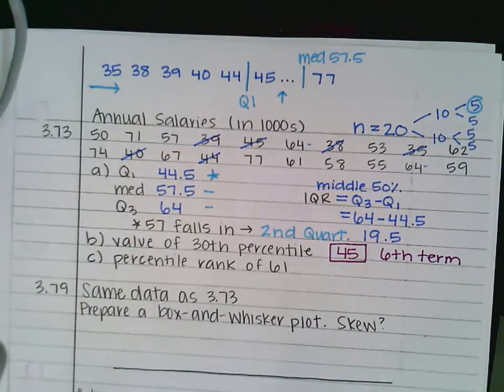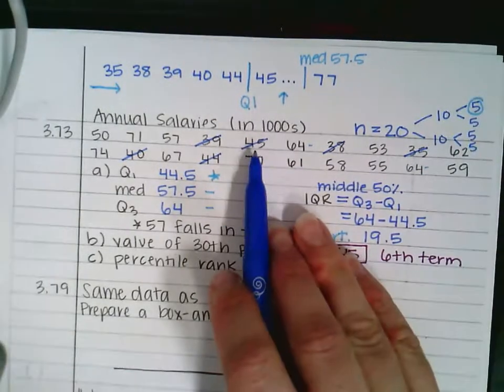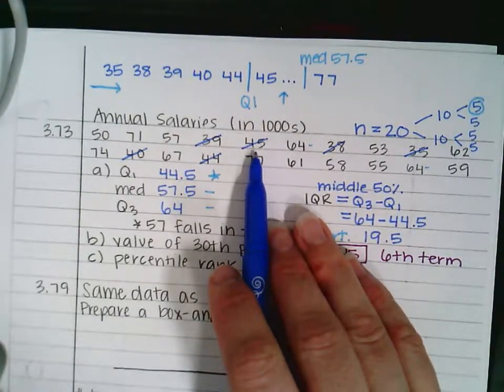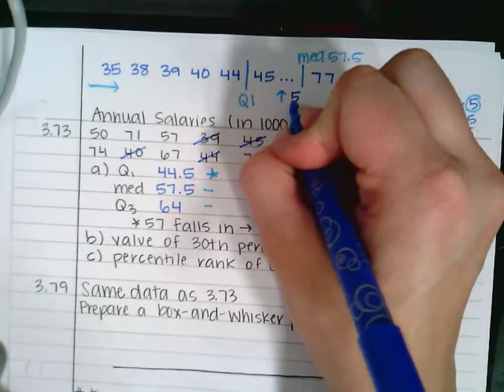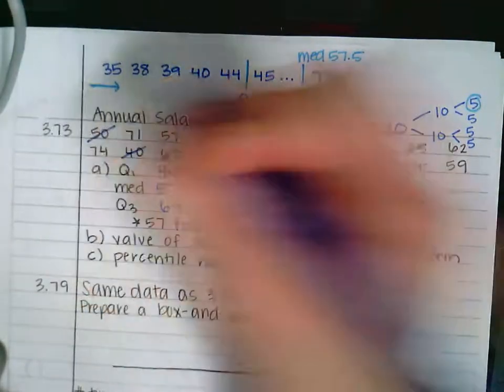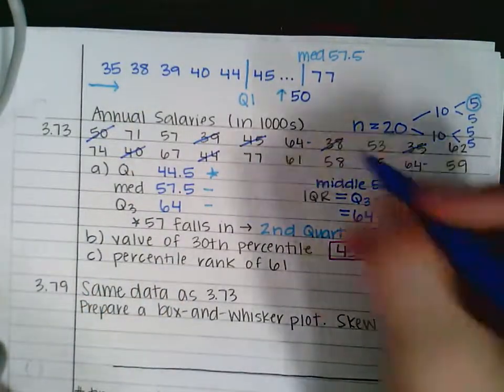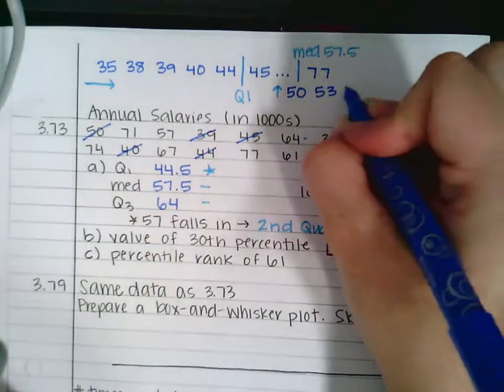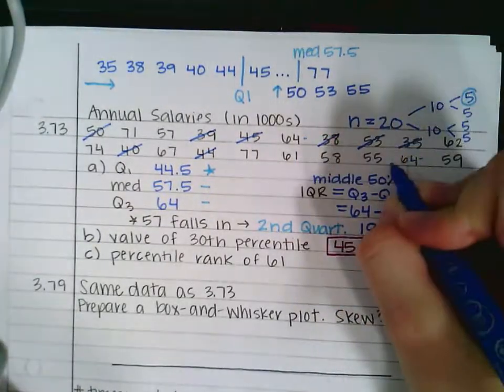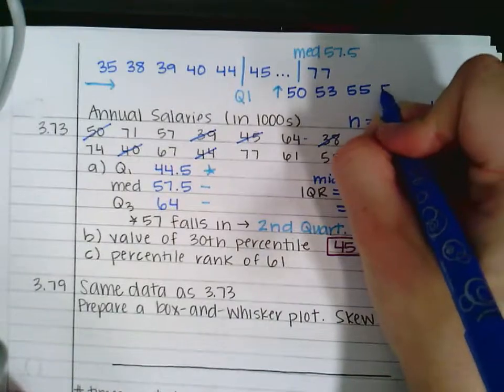Okay. Now on C, I am going to have to list these out and figure out where 61 is in this data set. Oh, darn. Okay. So 45 is next. Okay, looks like the next one is 50, 53, 55, 57.